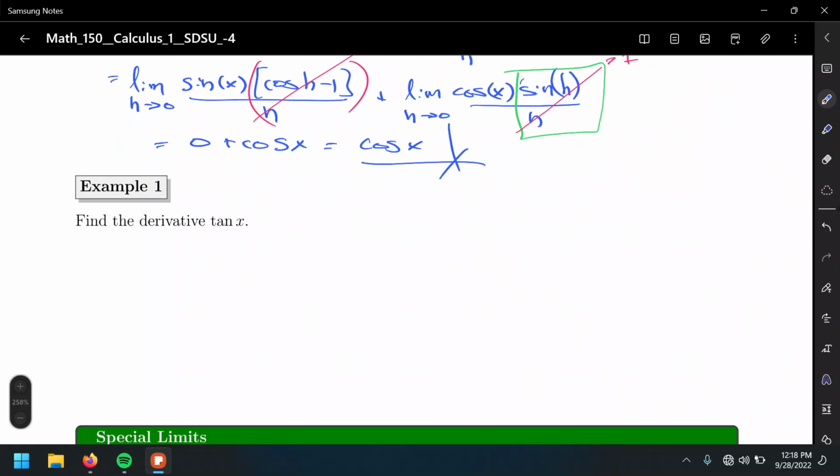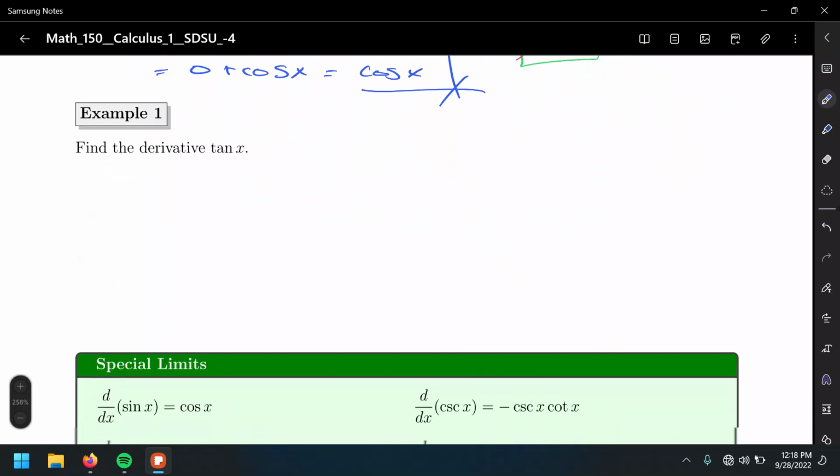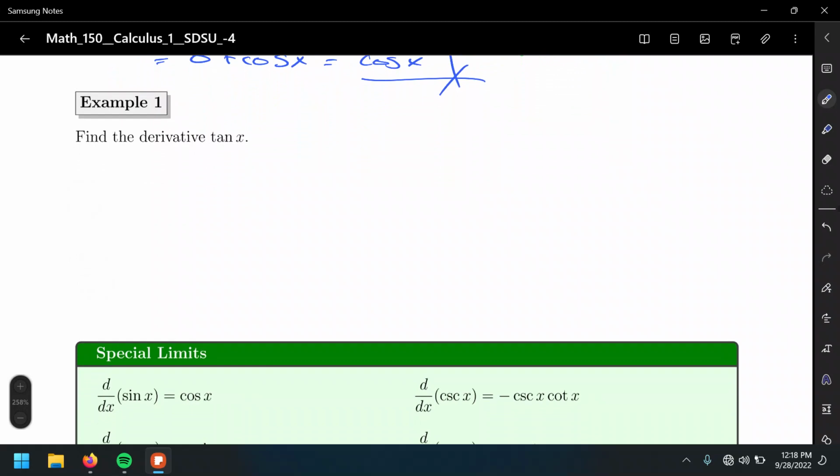All right. Okay, find the derivative for the function tangent of x. Well, instead of using the limit definition, f of x equals tangent x, and we can actually write tangent using trigonometric identities as the quotient of sine x and cosine x.